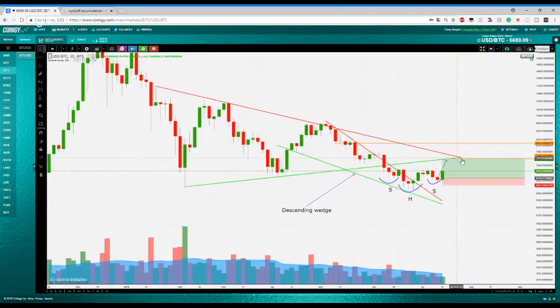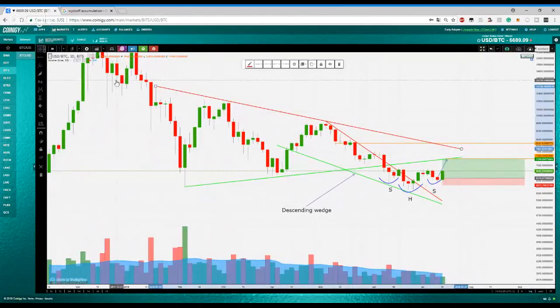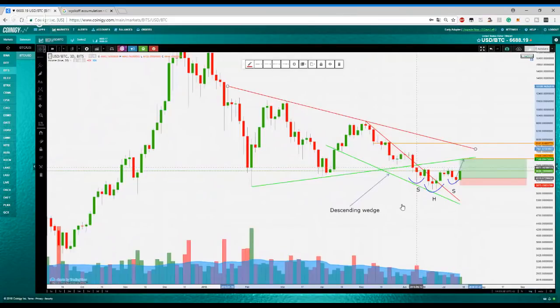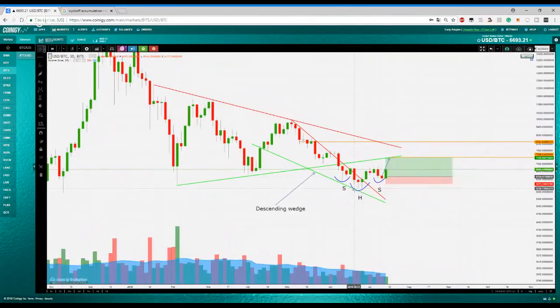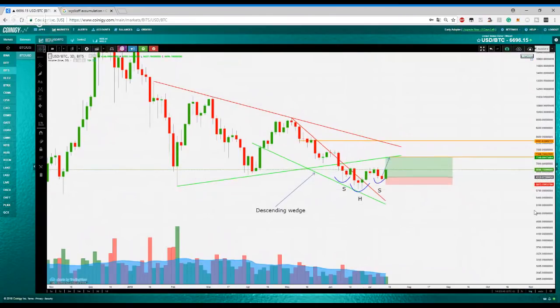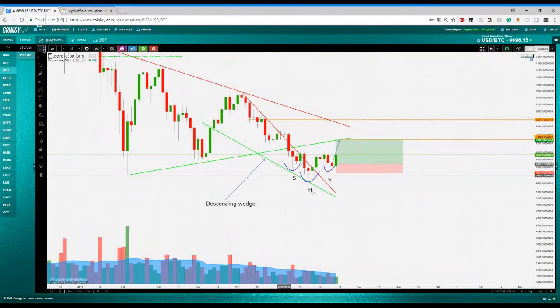We just broke out of the wedge that has been going on since February. This was a symmetric triangle, which I really hoped would break out top side, which it didn't. We broke out on the bottom side. And I think this is where a lot of people started stacking shorts. Now, we made a descending wedge.